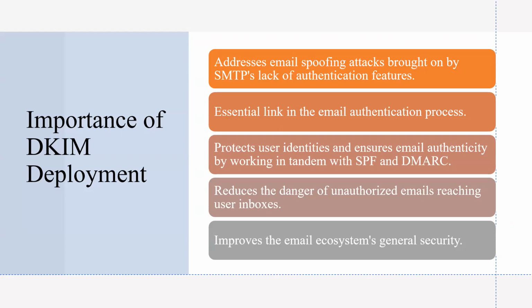DKIM also safeguards email integrity, which is the main subject of this research paper. The researchers performed an exhaustive analysis with a large number of data sets to fill these research gaps, and it also improves the email ecosystem's general security.